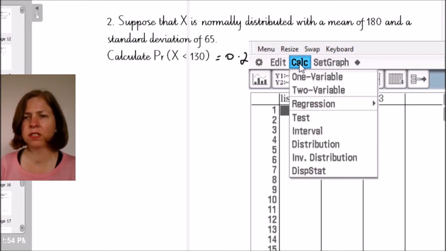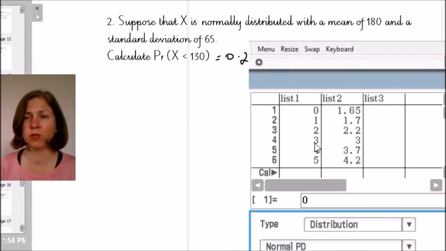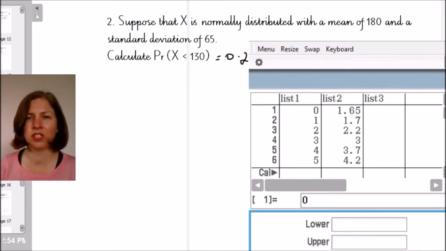So I go to calc, and then distribution. What kind of distribution is it? I'm going to choose normal CD, and then just hit next, and then just answer the questions. So let's do the same one. This is a normal CD, and I've got a lower boundary of negative infinity.